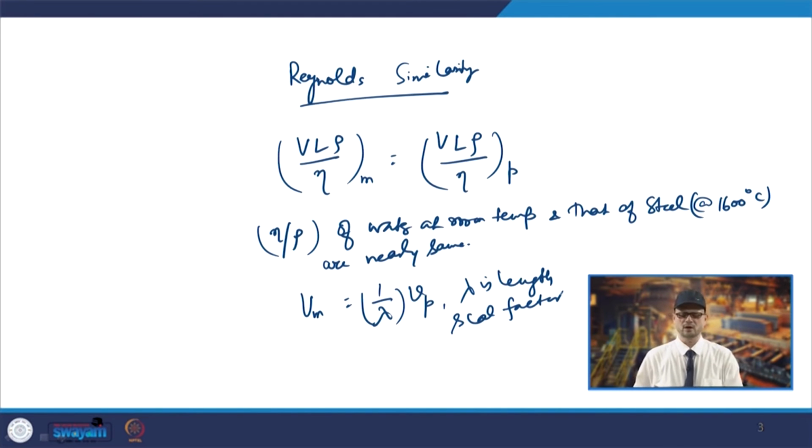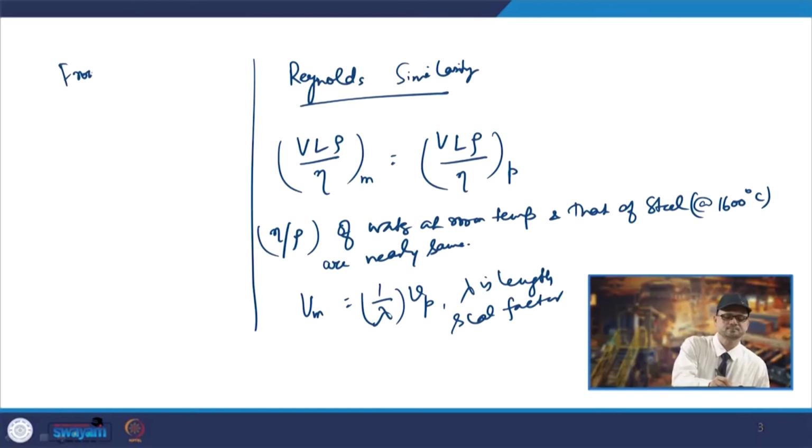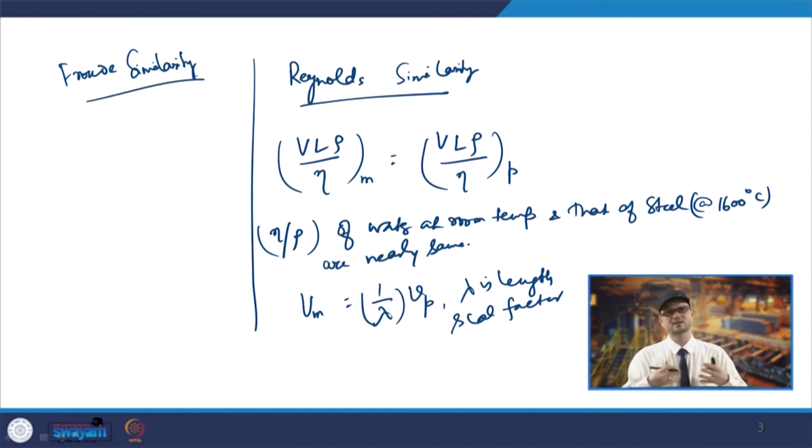Now, if you go to the Froude similarity, using the Froude similarity you can do the same calculation.